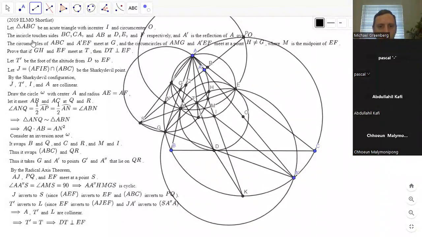Because if we have the radical axis theorem on this and this, I think that does it.